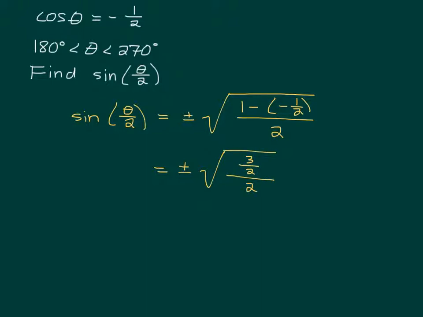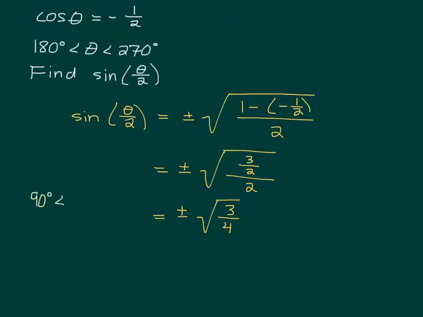What is 3/2 over 2? 3/4. Plus or minus the square root of 3/4. So let's simplify our radical, and we still have to determine if this should be positive or negative. To determine positive or negative, we look at this guy right here. Theta is between 180 and 270.